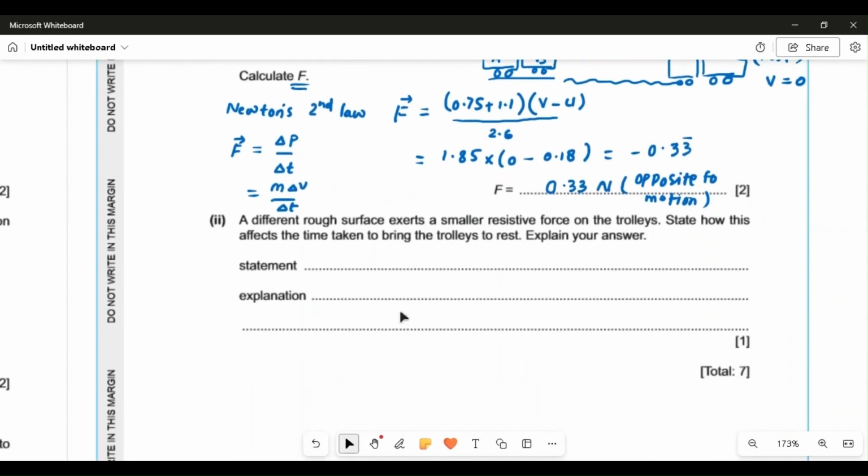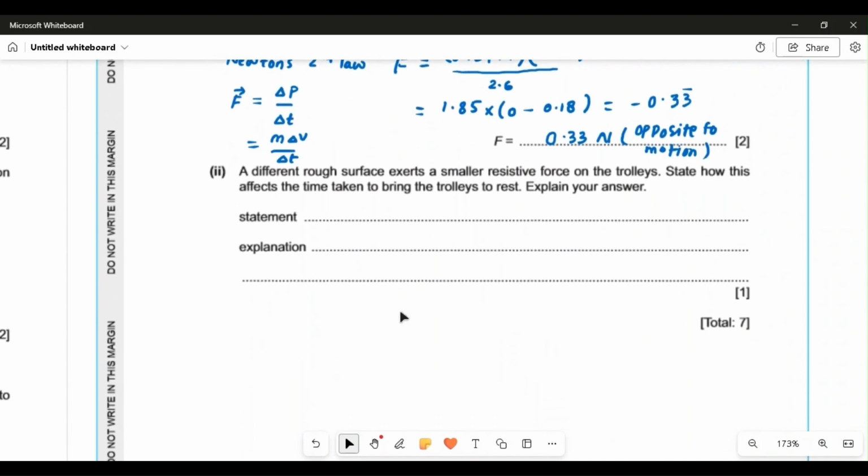A different rough surface exerts a smaller resistive force, smaller than the obtained one. State how this affects the time taken. What is the effect of a smaller resistive force on the time taken to bring the trolleys to rest?